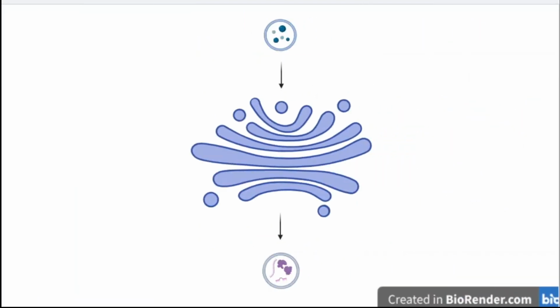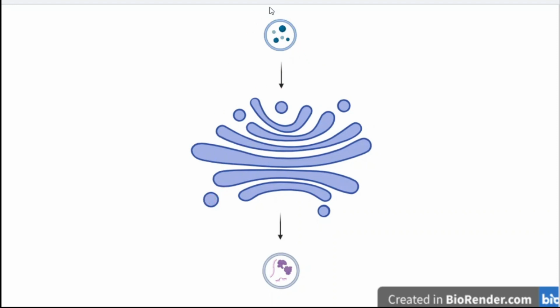And then we go to the Golgi apparatus. You can see that the Golgi apparatus has two sides. It has a cis side on top, and at the bottom it has the trans side. You can imagine that the rough endoplasmic reticulum is situated over here at the top, and it will send out its proteins in vesicles. So the rough endoplasmic reticulum sends out proteins, surrounded by a membrane, and this will be transported towards the cis side of the Golgi apparatus.